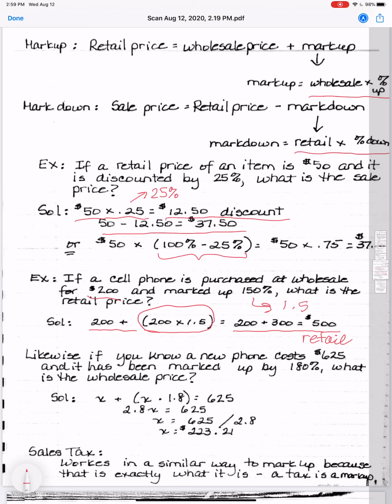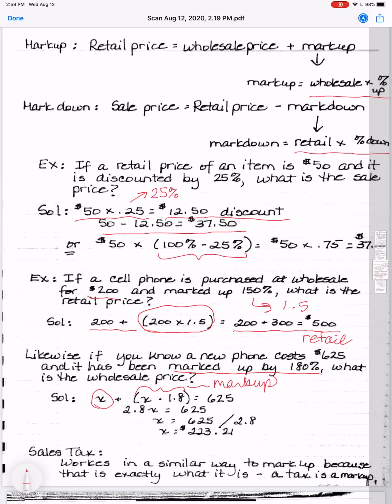Likewise, if you know a new phone costs $625 and it has already been marked up by 180%, what is the wholesale price? Well, we know the wholesale price plus the wholesale price times 1.8, that is the markup, equals 625.